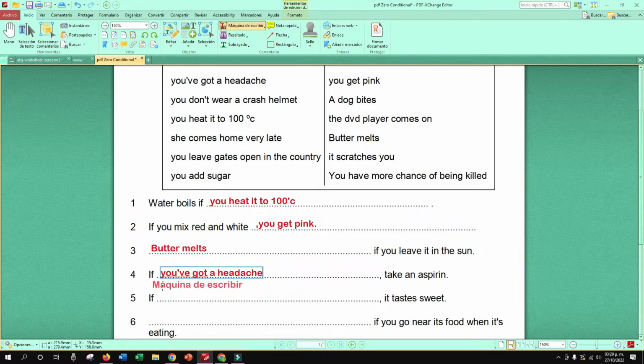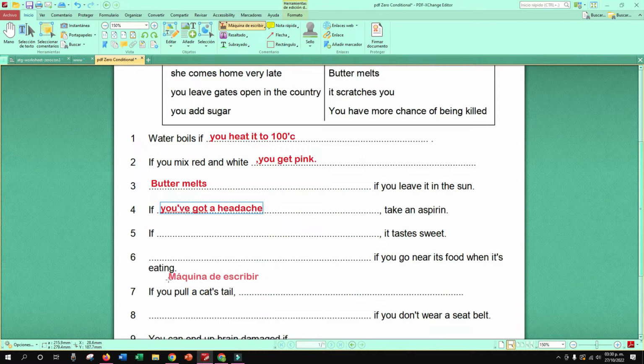I guess this is not zero conditional, right? Because this is present perfect and this is present, so maybe then we're going to find out what kind of conditional this is. Maybe first conditional, I guess, or second conditional, right? So let's continue with number 5.